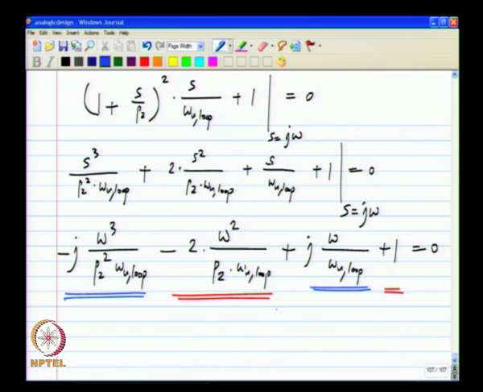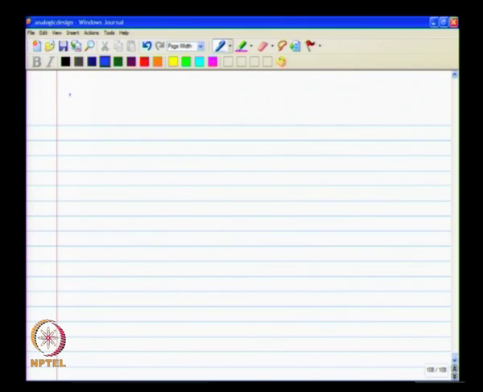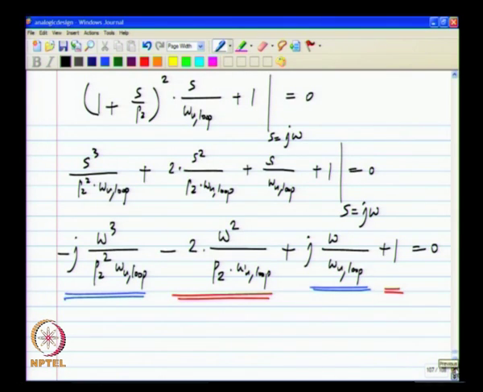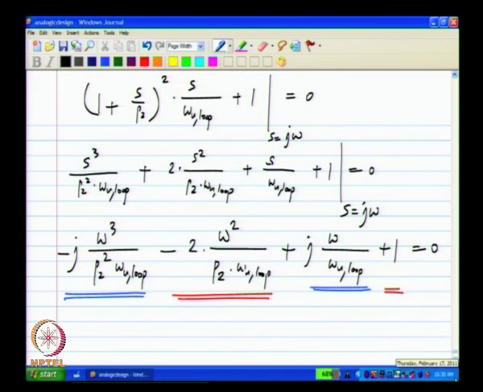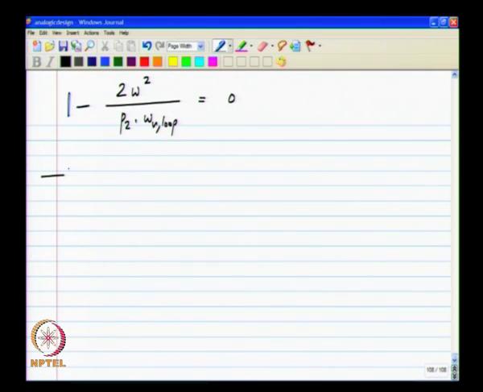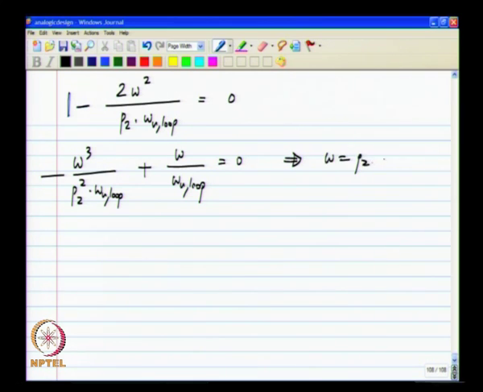Firstly, if you equate the real part to 0 you will get 1 minus 2 omega square divided by p 2 omega u loop equals 0, and if you equate the imaginary part to 0 you will get minus omega cube by p 2 square omega u loop plus this part omega by omega u loop equals 0, and this gives you omega to be equal to p 2.